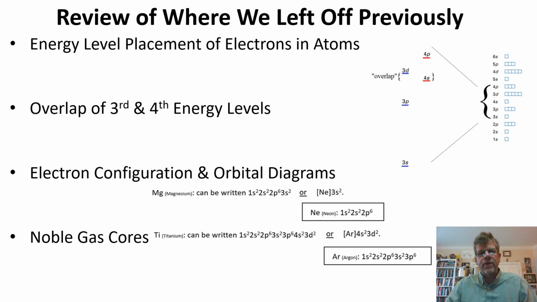So either way, different elements can be written out in the full manner of what we see here, or in an abbreviated manner. Similarly, a couple of examples here that we looked at.